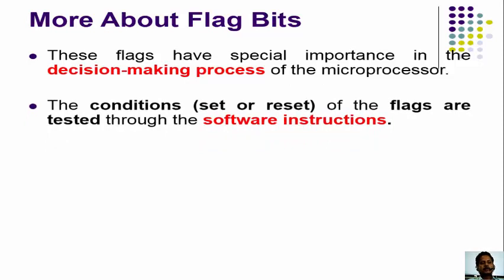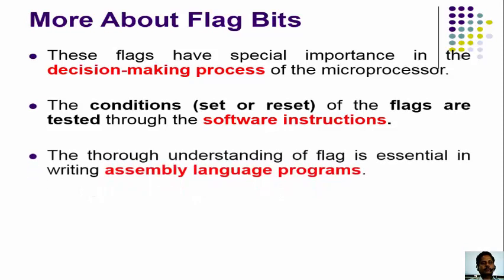The conditions that set or reset the flags are tested through software instructions. A thorough understanding of flags is essential in writing assembly language programs, so while writing the program, it is required to check the flag bits.